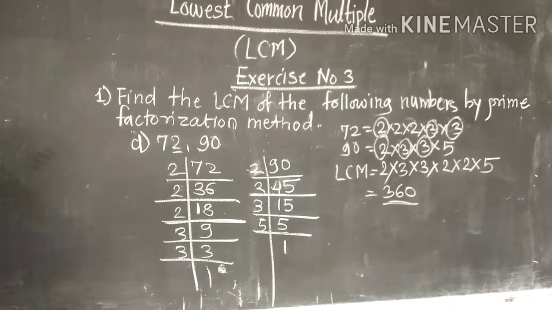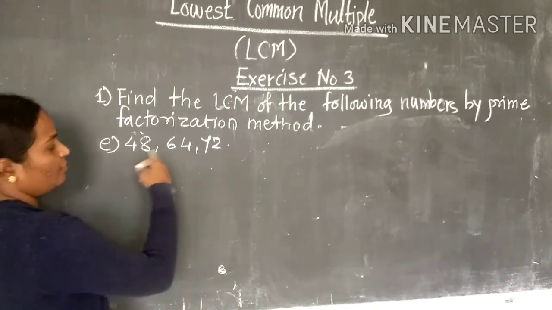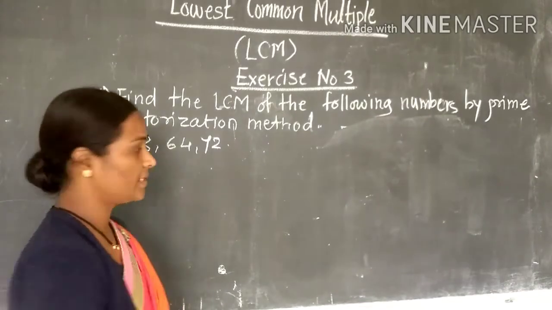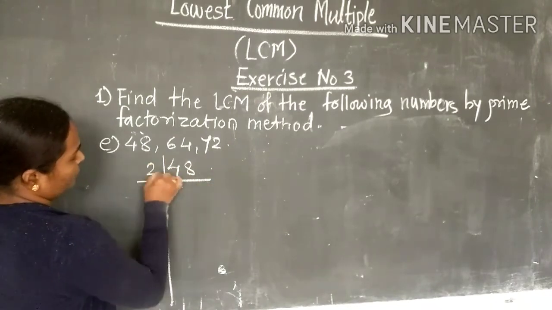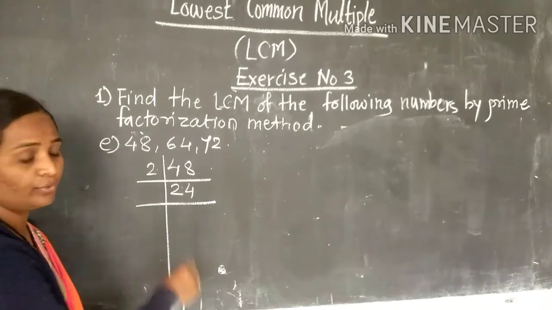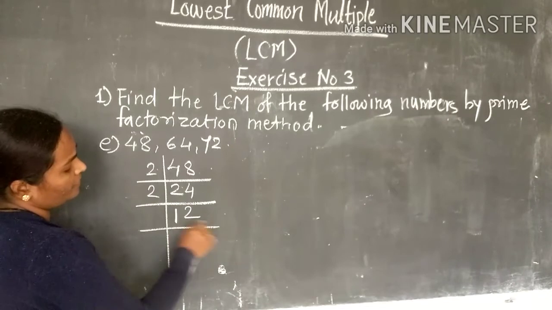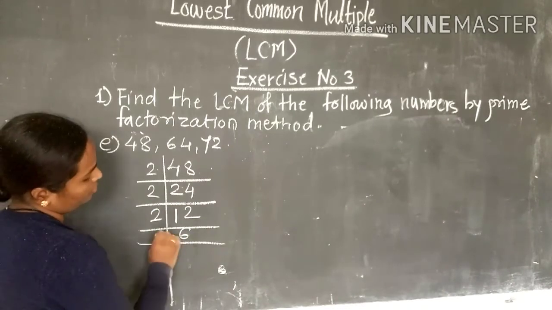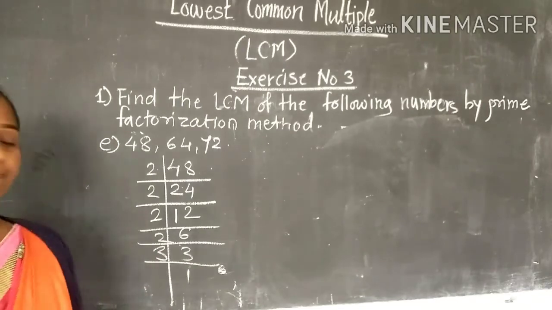We will see the next example now: 48, 64 and 72. Let's see 48. 2 2s are 4, 2 4s are 8. Now 2 1s are 2, 2 2s are 4, 2 3s are 6, 3 3s are 1.